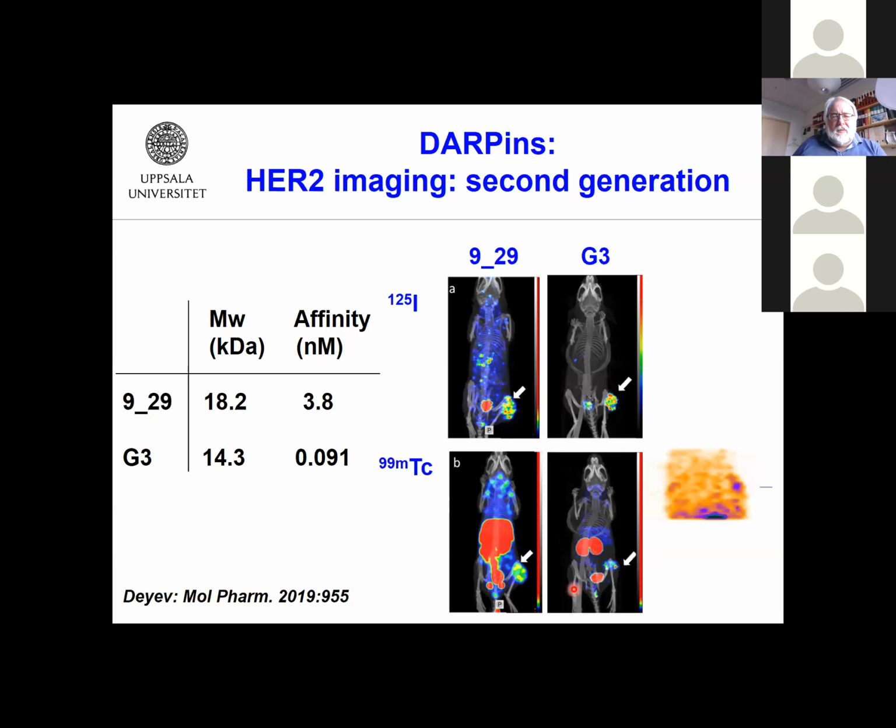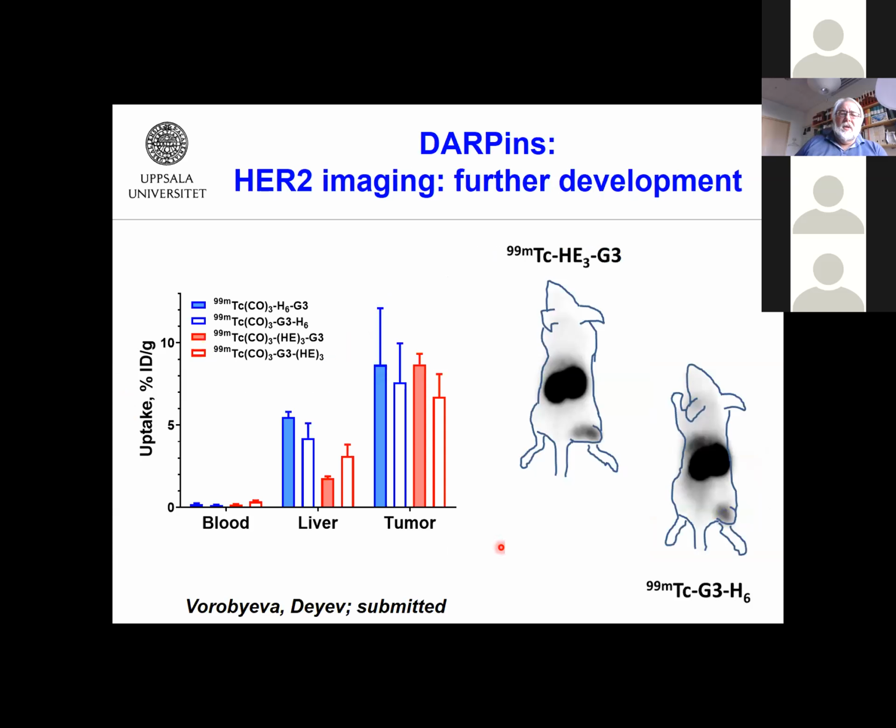Apparently J3 was much better than 929, and we also looked at the way to reduce hepatic uptake. So we used 2 tags, hexahistidine and HEHEHE, and we tested if we placed it at C terminus or at N terminus of the DARPin.